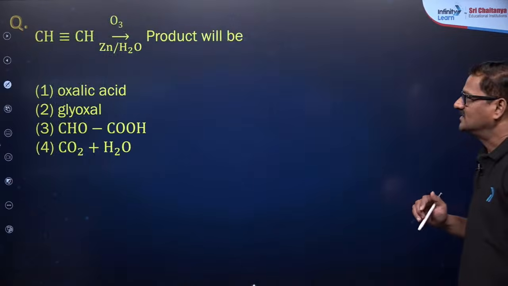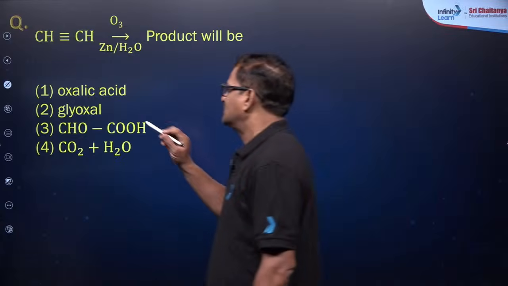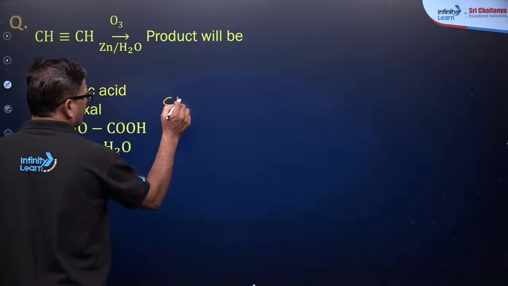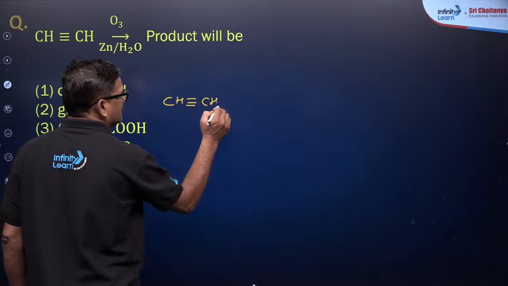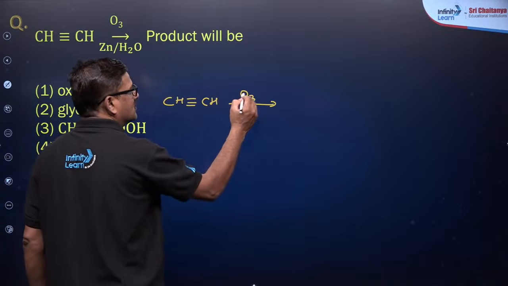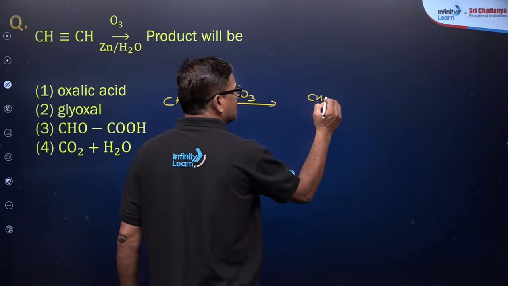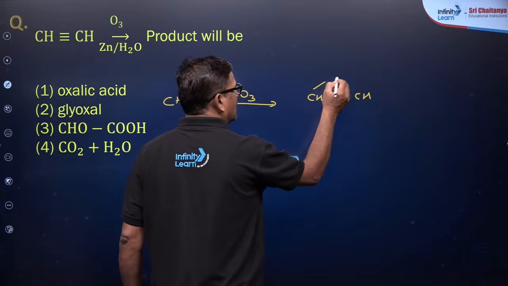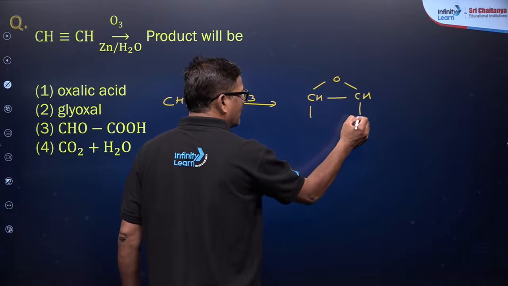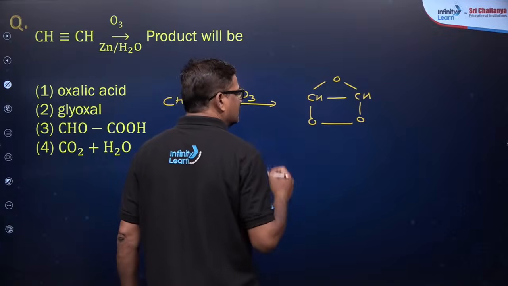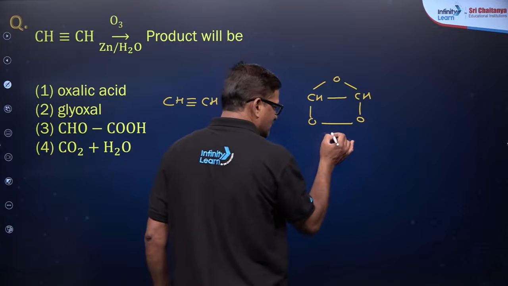Just look at this, and this is CH triple bond CH. When it is treated with O3, you are going to get CH, CH and O, O, O, and this bond is hydrolyzed.